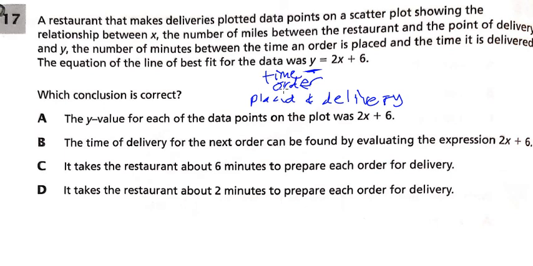And I know that's confusing because that's a Y value that measures time, but X is also time. So that you're good. So it says X is the number of miles between the restaurant and point of delivery. Oh, that's not really time. That's interesting. So it's the number of miles between the restaurant and the point of delivery. So this is the miles.